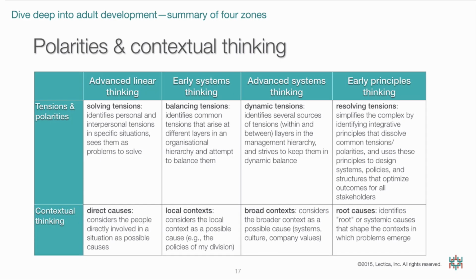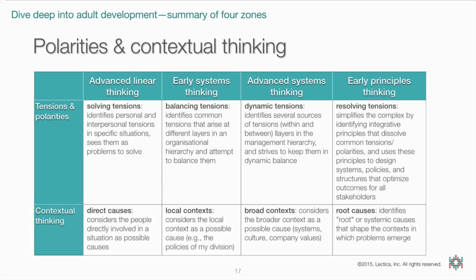Let's finish this exploration of developmental zones with contextual thinking, in particular how it impacts the way we think about causes. In advanced linear thinking, the focus is on direct causes, for example, considering the people directly involved in a situation as possible causes. In early systems, local contexts are often seen as causes, such as the particular policies in my division or business unit.